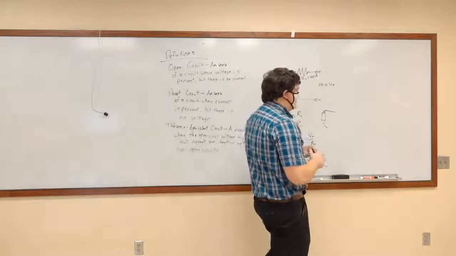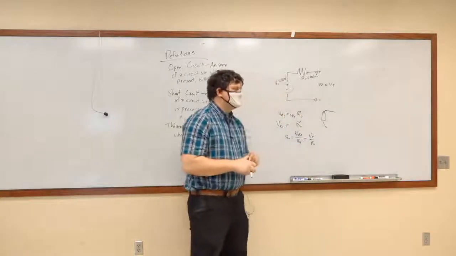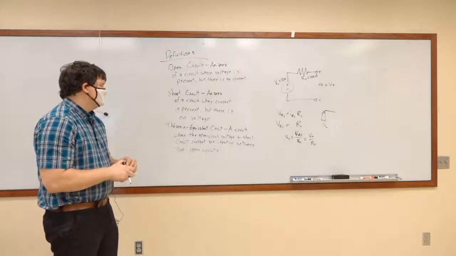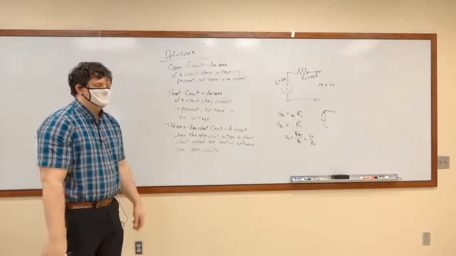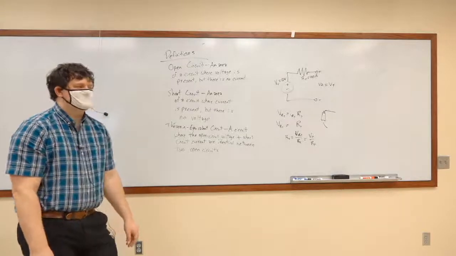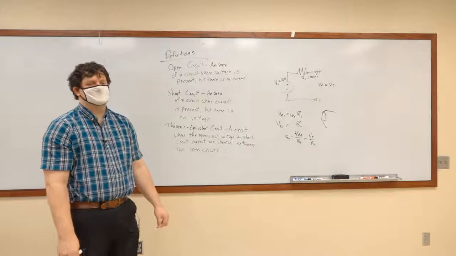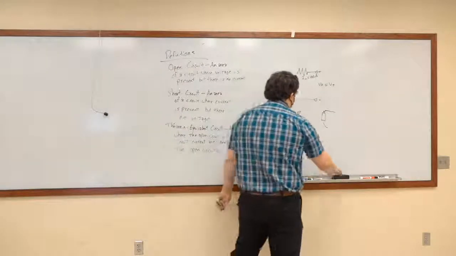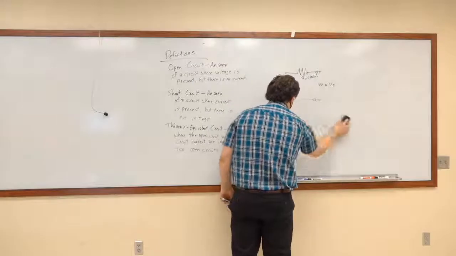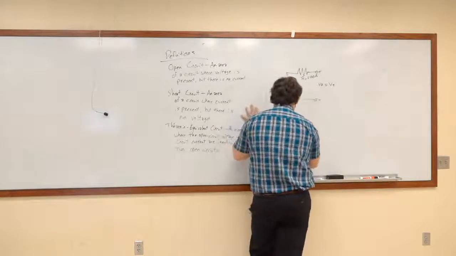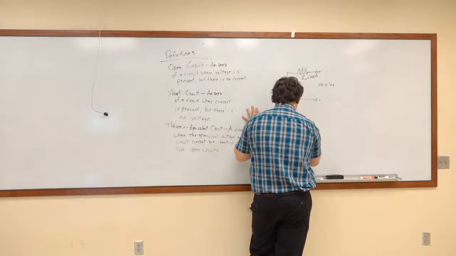Now I also mentioned at the beginning Norton equivalent circuits. What's a Norton equivalent circuit? Well, it's a little bit different than a Thevenin equivalent circuit, but they're very much the same. A Thevenin equivalent circuit looks like this. A Norton equivalent circuit looks like this.